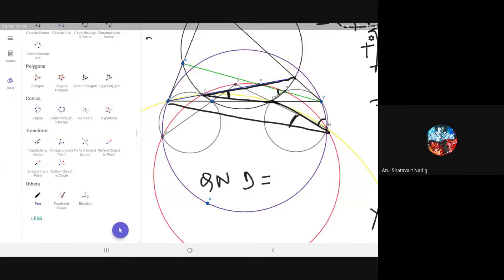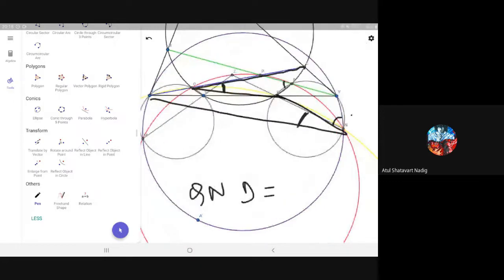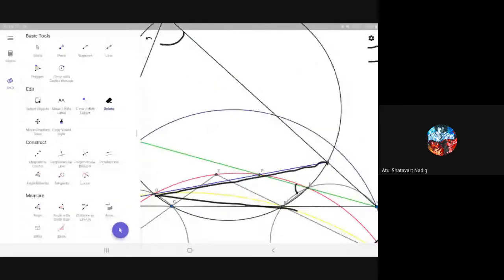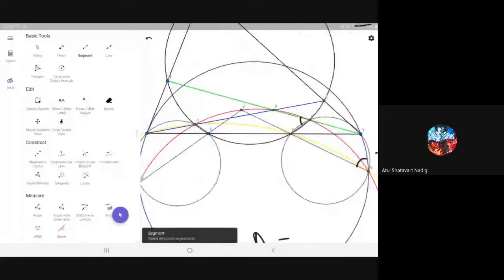Okay, I got it right. So you have angle QND, just delete the mess here. You have this here, angle QND.